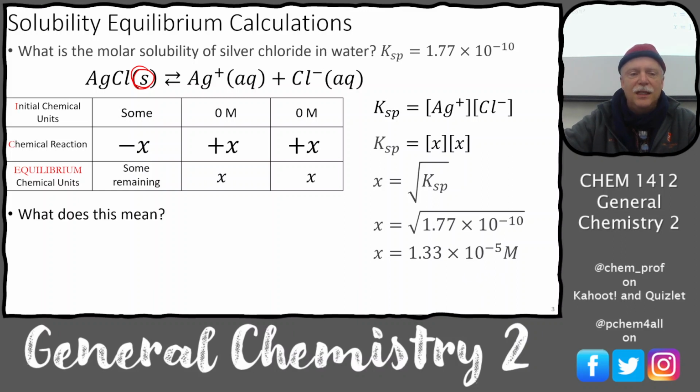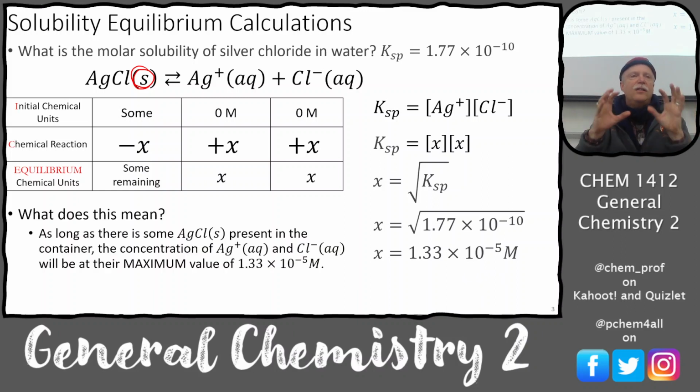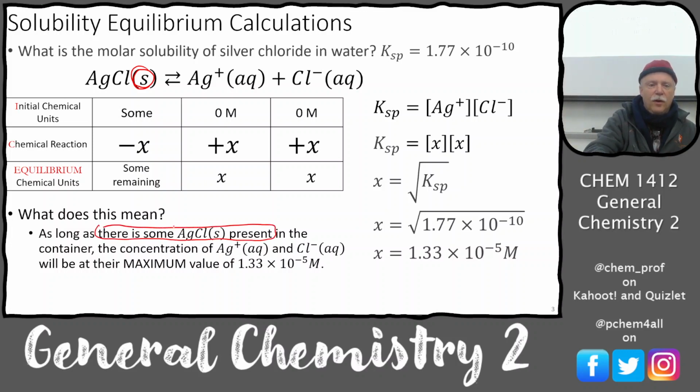So let's analyze what this means. As long as there's some silver chloride present in the flask, so it's a saturated solution. I'll go ahead and write that out just to reinforce that vocabulary word.